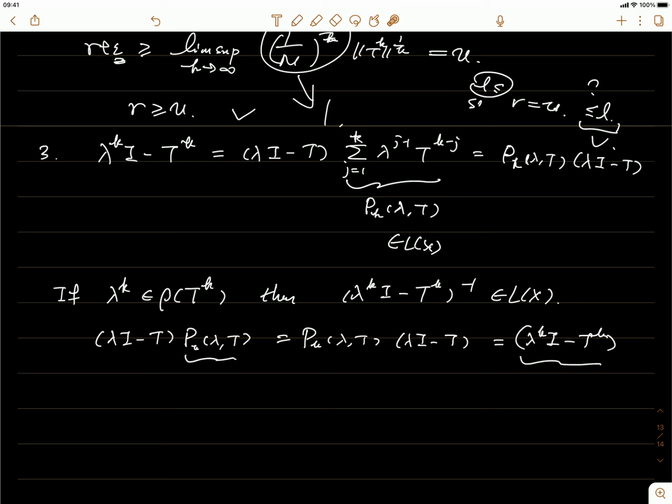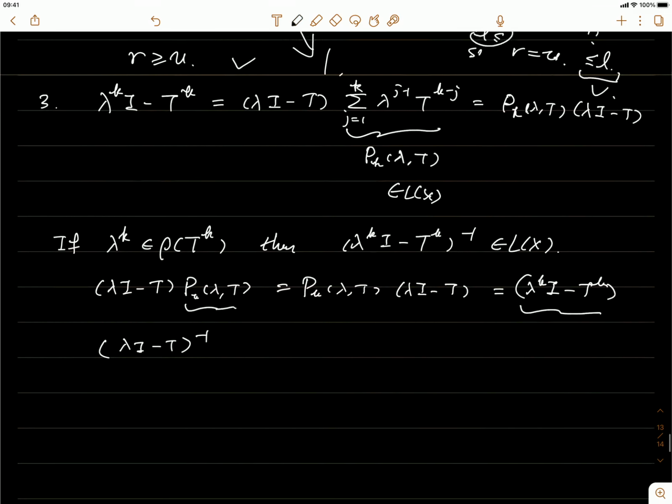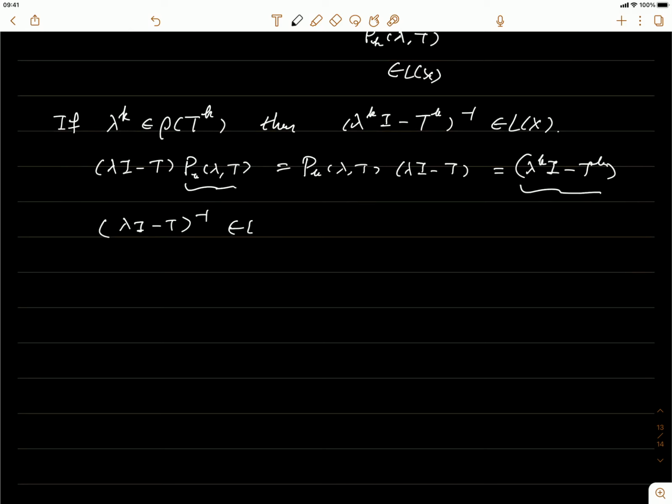So we know that if two operators, or two elements in the Banach algebra, commute and their product is invertible, then both of them are invertible. That means the inverse of lambda I minus T also exists, and it's also in L(X). So this means that lambda is also in rho(T).